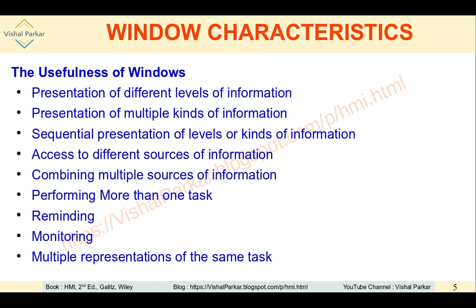So we can have different windows pertaining to those different sources. Combining multiple sources of information: as we have just seen, all the information from all those sources can be combined together to prepare a report kind of thing, which represents that information in one particular place, but that is basically collected from different sources.